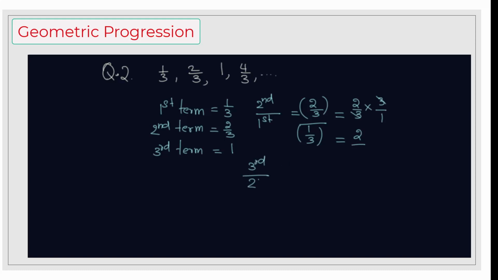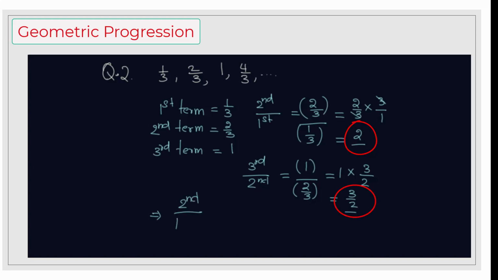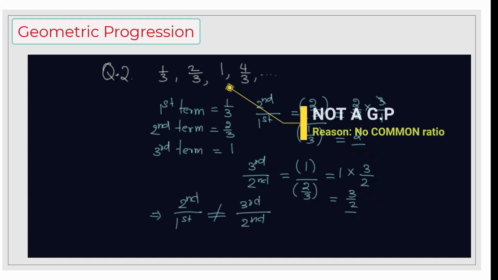We can see that the second to the first ratio is 2, but the third to the second ratio is 3/2. So they are not equal. This shows that there is no common ratio that exists for this sequence, and hence the given sequence is not a GP.